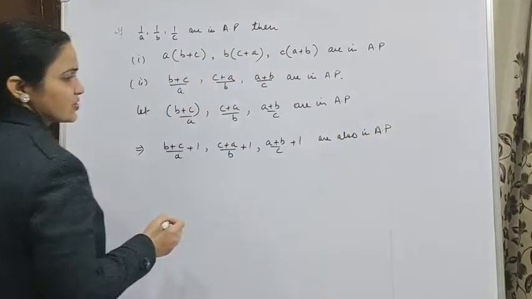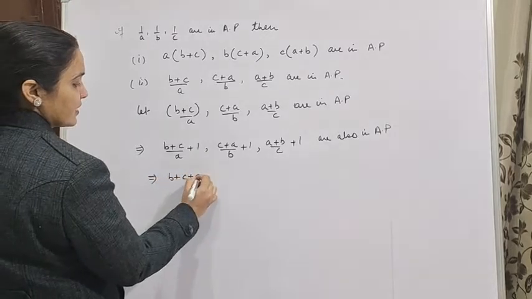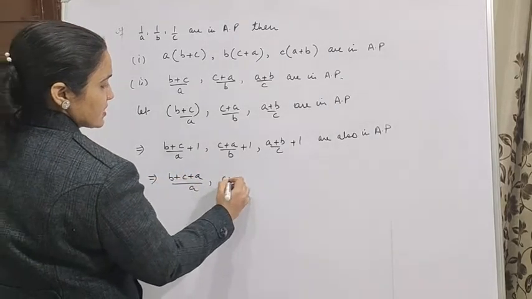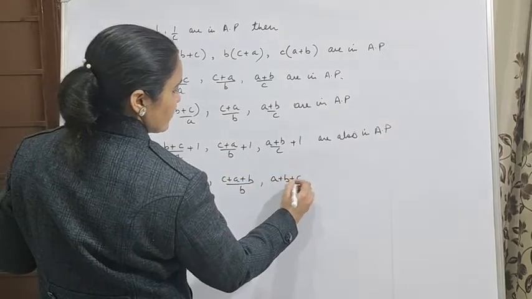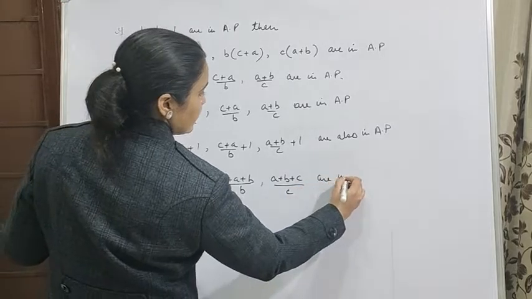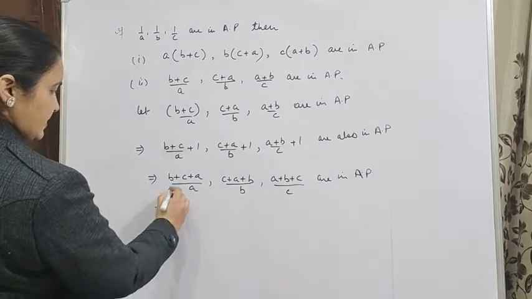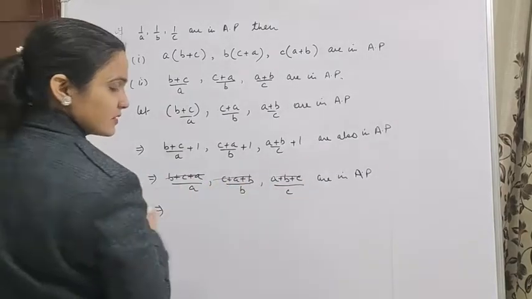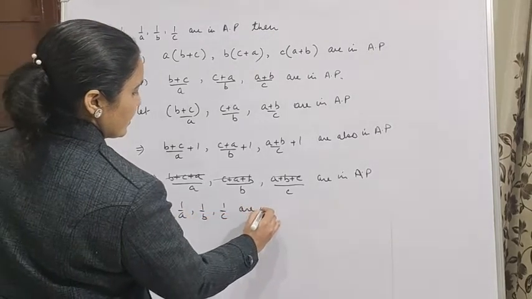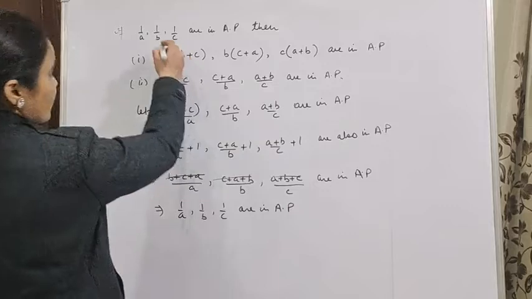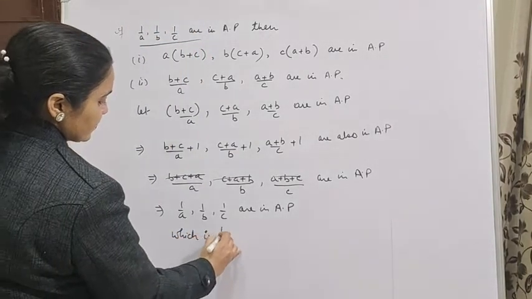That will not change the arithmetic progression. This will further imply A plus B plus C upon A, A plus B plus C upon B, A plus B plus C upon C are in AP. Clear? This will imply, this cancels, 1 upon A, 1 upon B, 1 upon C are in AP, which is true, given to you, which is true.